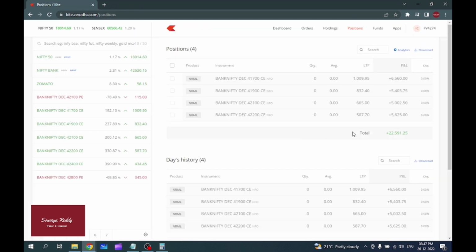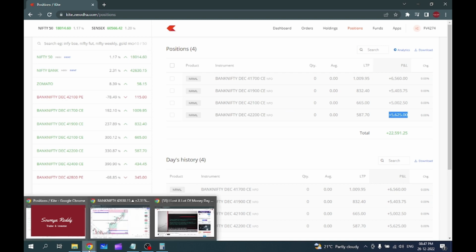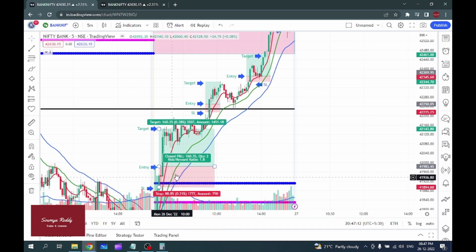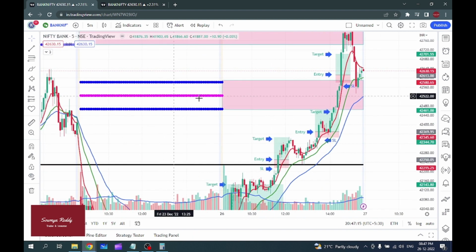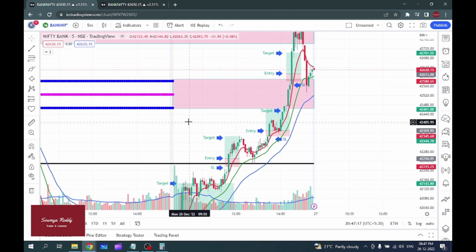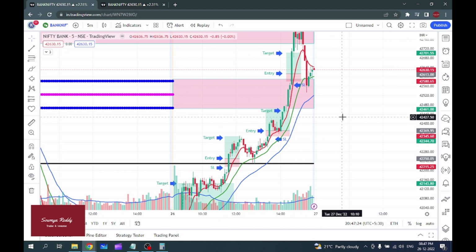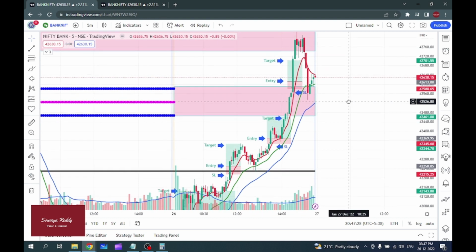Now let's see how I took this fourth trade, the last trade of the day, and where the entry and exit were. When the market was trying to go higher and higher today, this was the origin CPR, and most of the time the market will reverse from origin CPR, but sometimes it will also give a breakout.